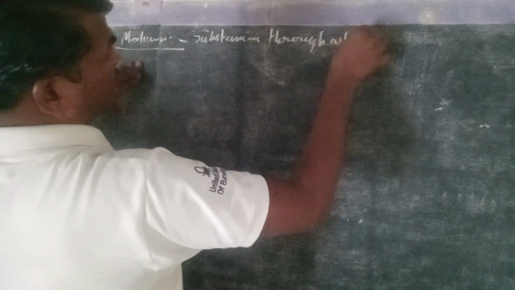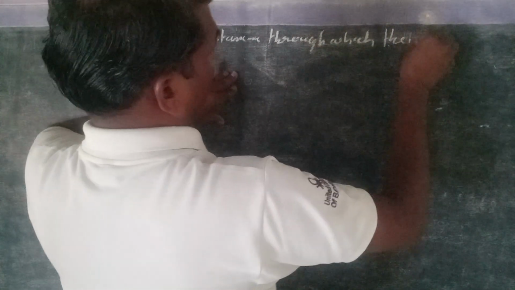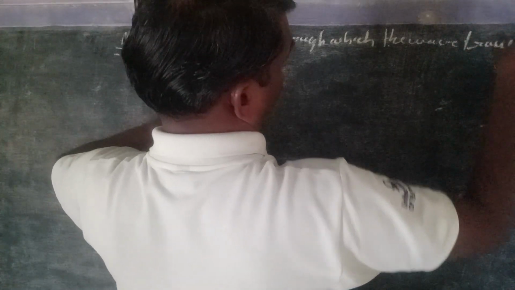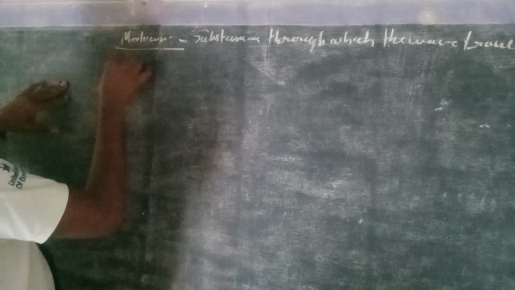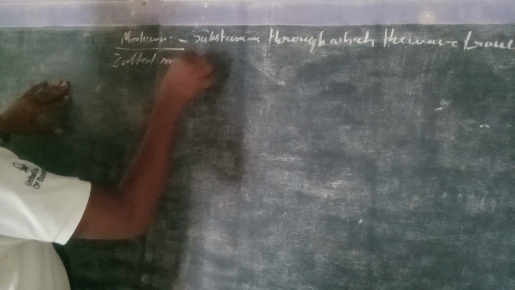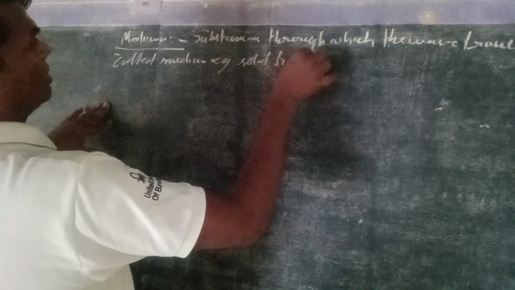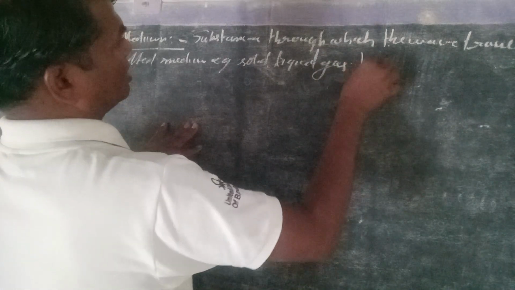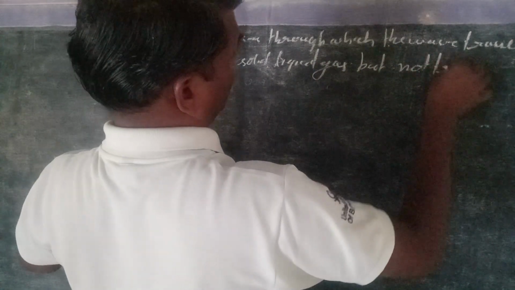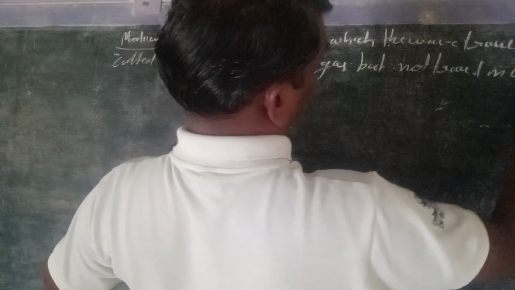So here is the medium. What is a medium? A medium is a substance through which the wave travels. Examples: solid, liquid, gas, but waves do not travel in vacuum.